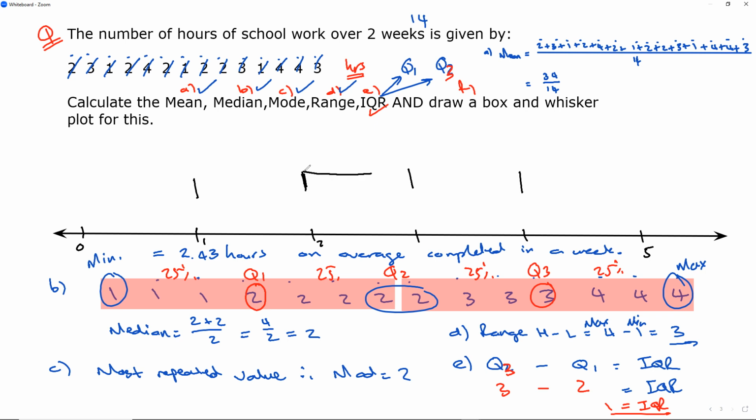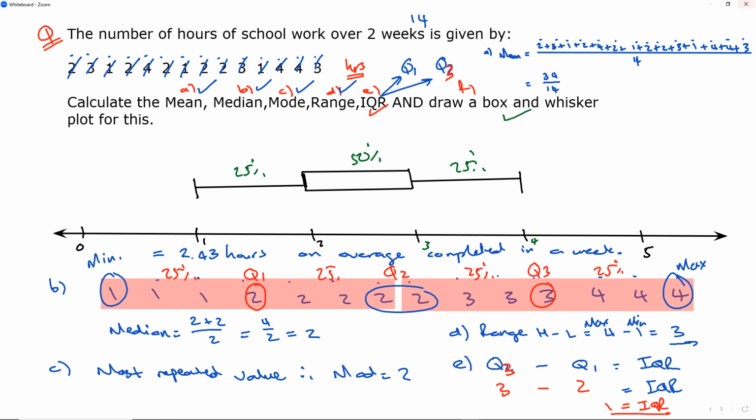So we would end up drawing this box like that, combining that into the box, and then the whiskers come after that. I can see from here that 50% of my data lies between 2 and 3. 25% lies between 1 and 2, and another 25% lies between 3 and 4 of my set of data. And I've now drawn my box and whisker plot.